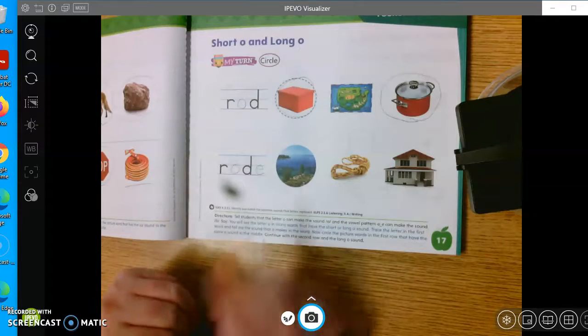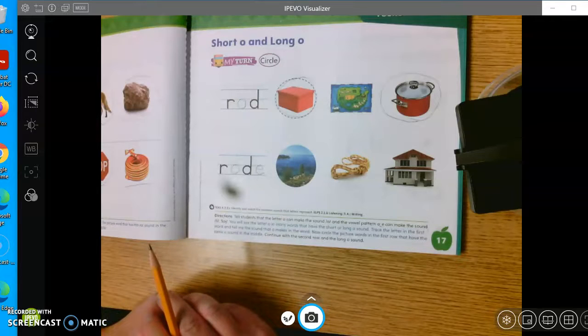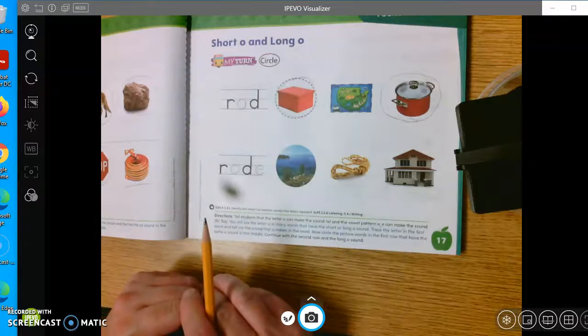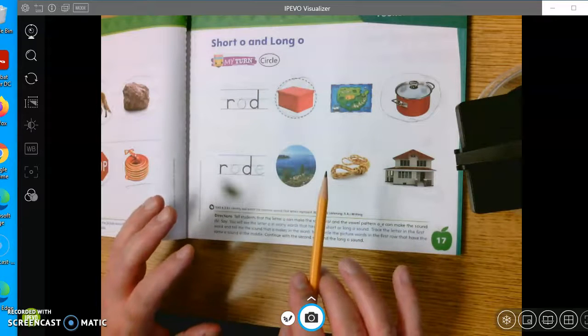Now, I see the first one, okay? And I'm looking at it and I see the C, E. Is there the long O sound in the middle of that word? C. Now, I hear the E sound in the middle, so I'm not going to circle that one. The next one is a rope. Now let's go ahead and segment, take apart the sounds in that word.